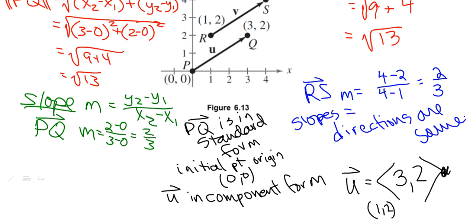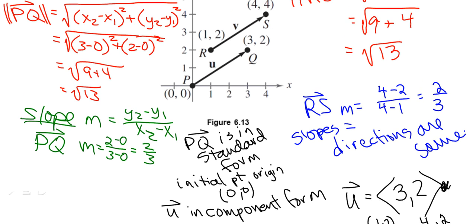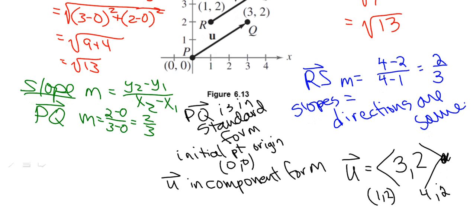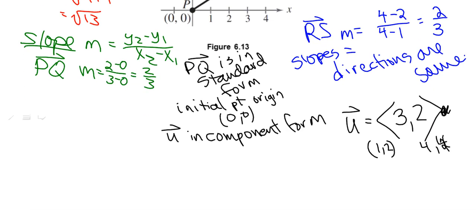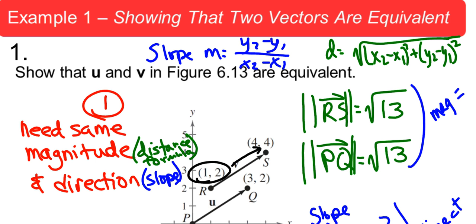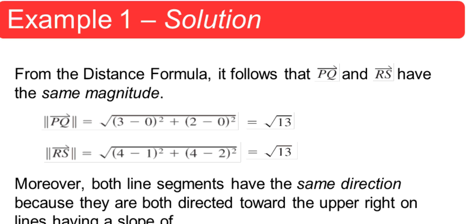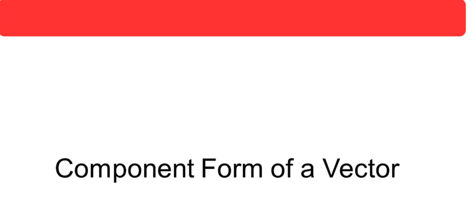And if we add 3 there and add 2 there, we get 4, 4, which is that point S that we had over there. So knowing that component form means we can find other things that we're looking for.